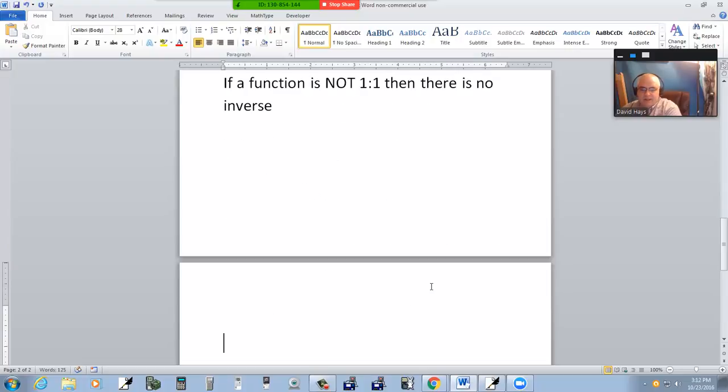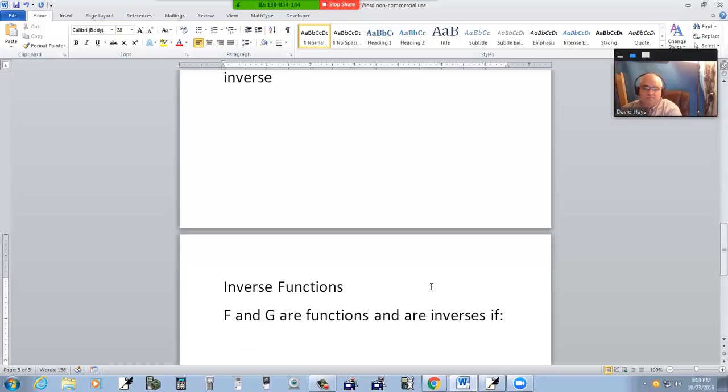Now algebraically, let's talk about what inverses are. So inverse functions. f and g are functions, and are inverses if the following is true.